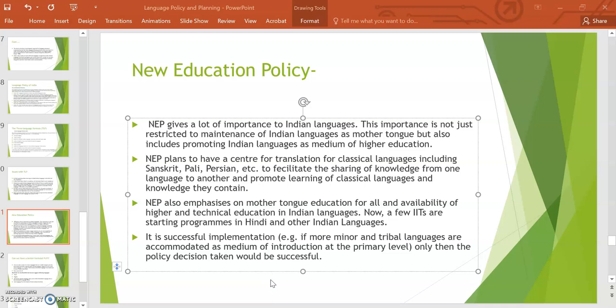For example, if more minor and tribal languages are accommodated as medium of instruction at the primary level, only then could the policy decision taken be successful. We can discuss more about language policy planning in the context of India in the class as well.